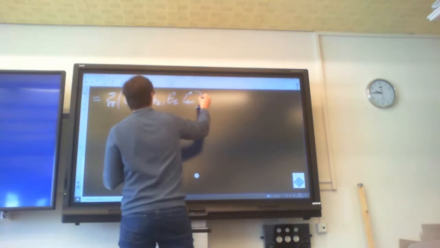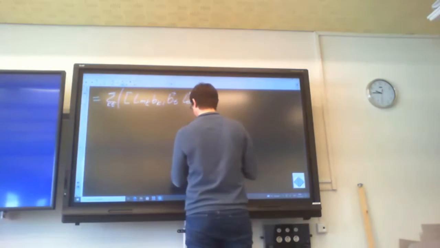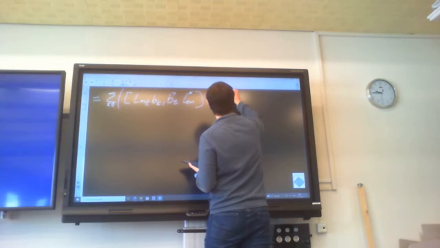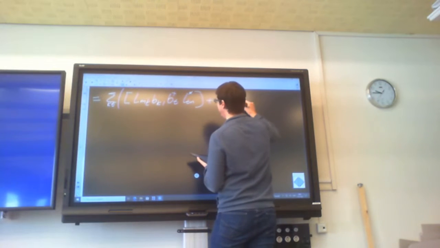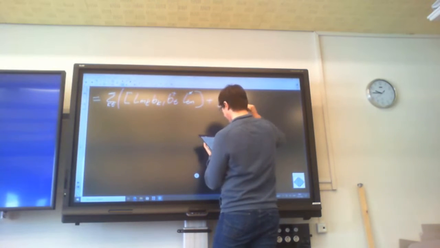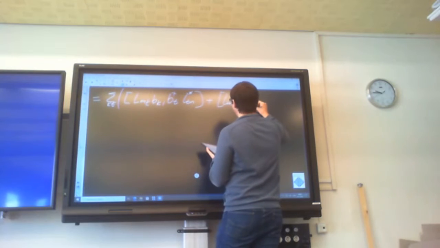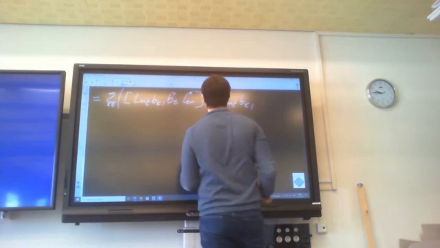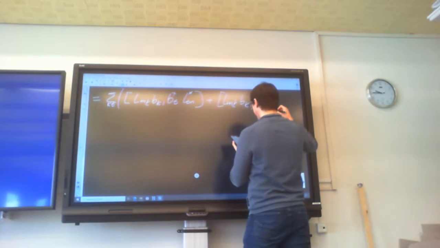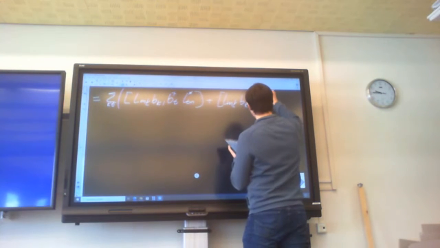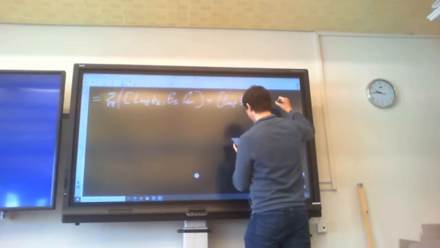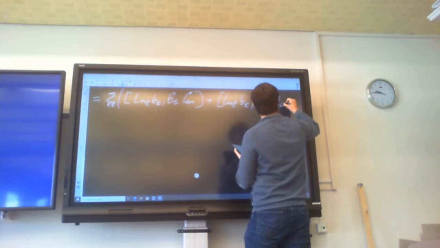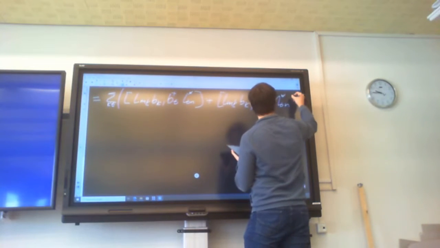The second term is L_{nk} again, b_k, but here in the second argument we take the second part, and this is b_t dagger and M_{mt} complex conjugate.